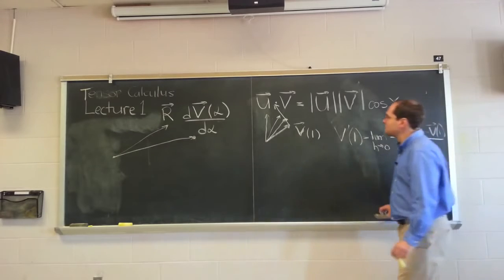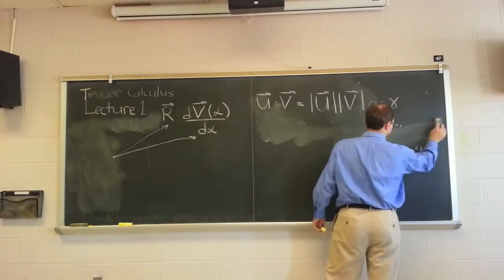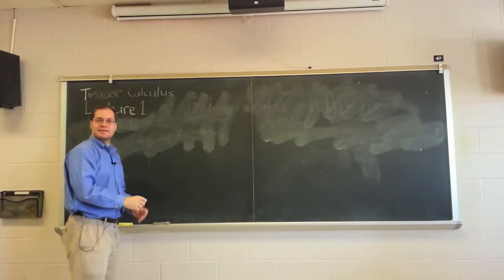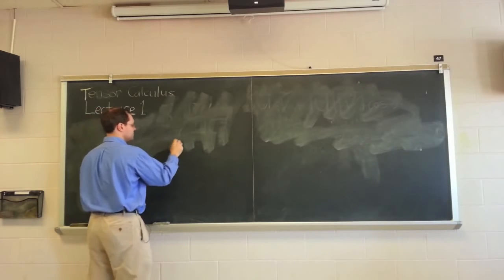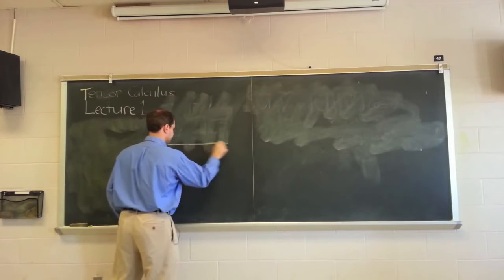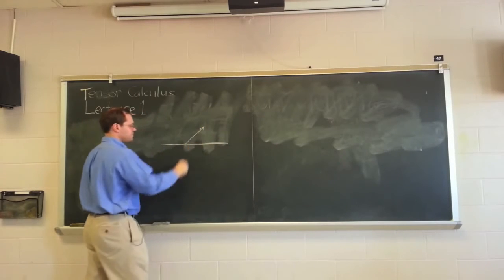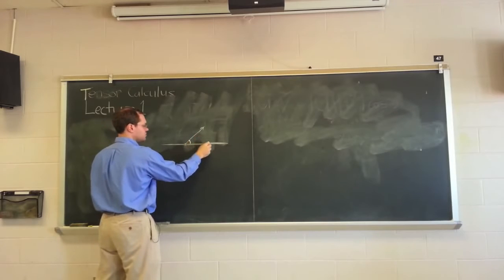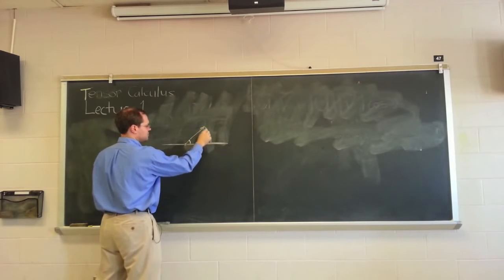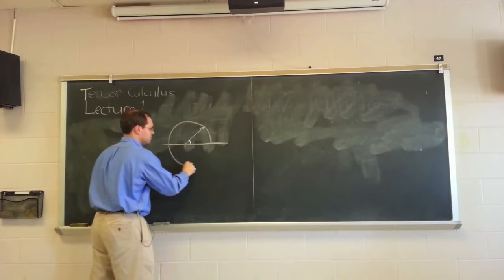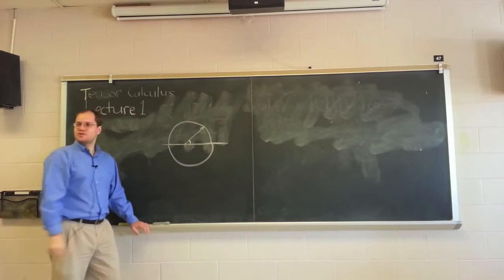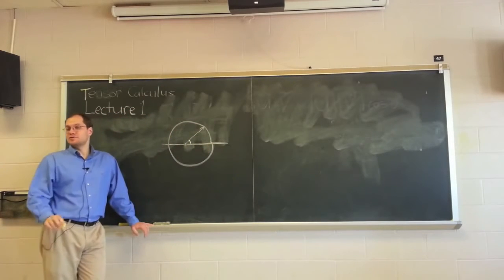So in the book, I have this example. I had v of alpha on this circle. Right, v of alpha just going around in a circle. And it was the unit circle.